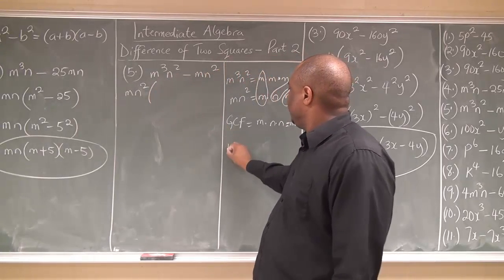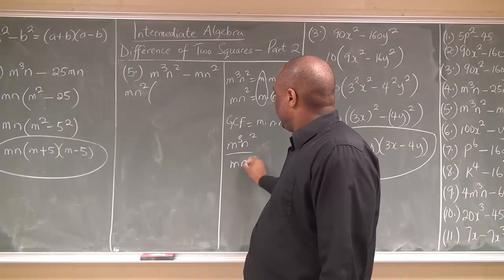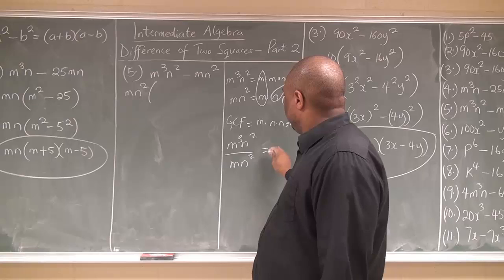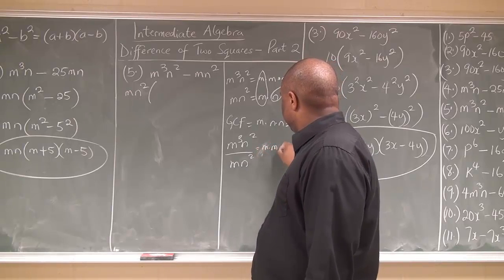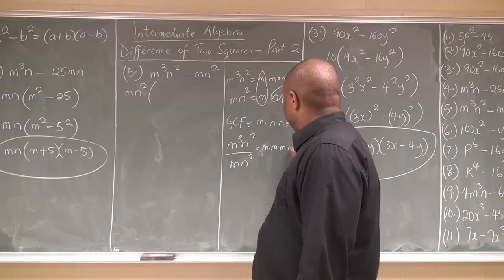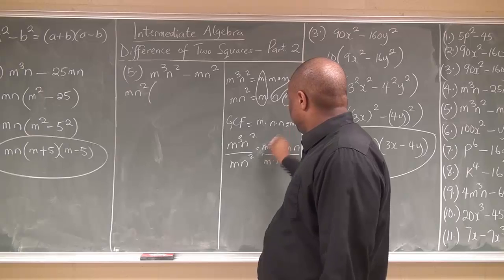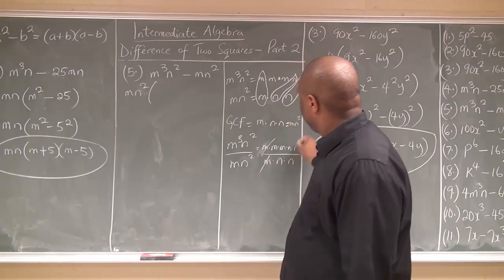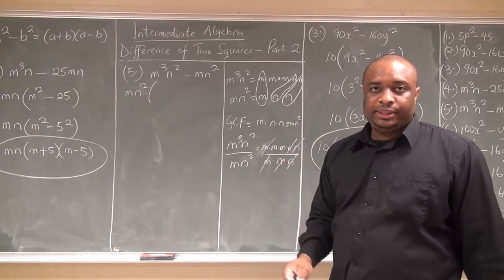So you just bring out the GCF, and then all you need to do is divide m cubed n squared by mn squared. This gives you m times m times m times n times n all over m times n times n. m divided by m is gone, n is gone, n is gone, and you only have m squared.